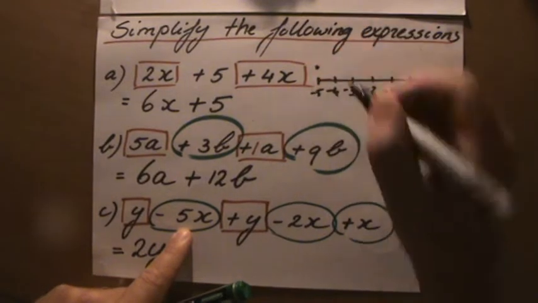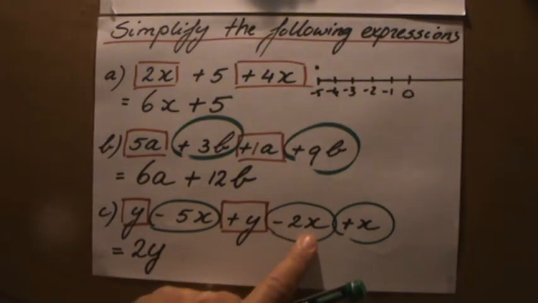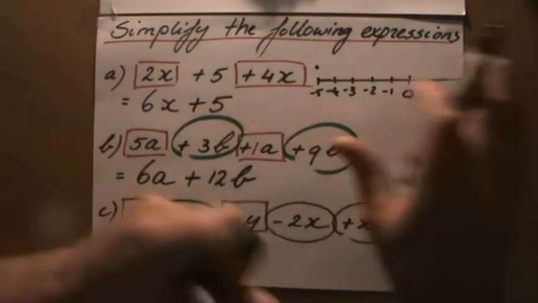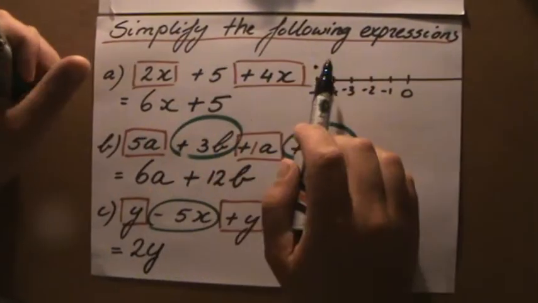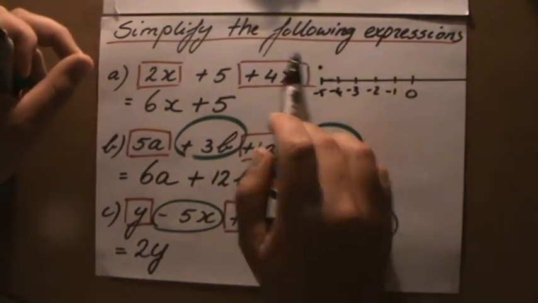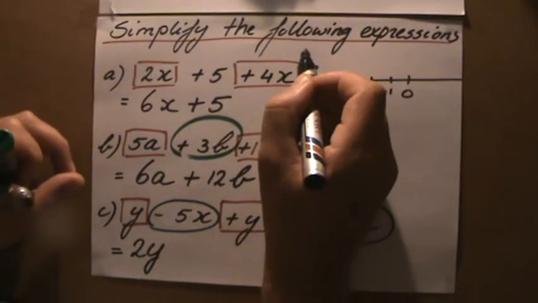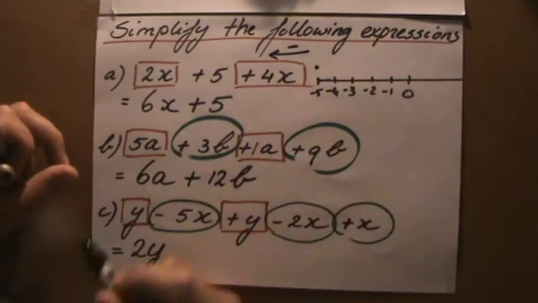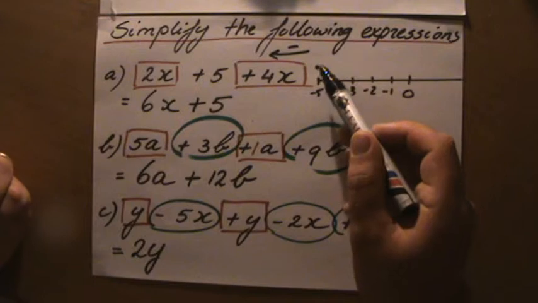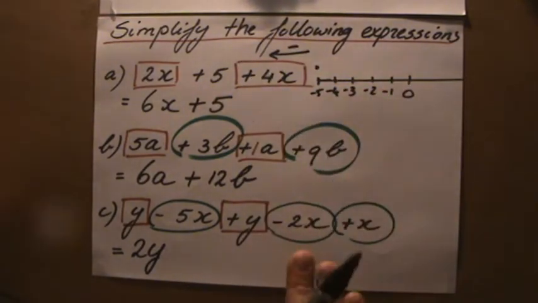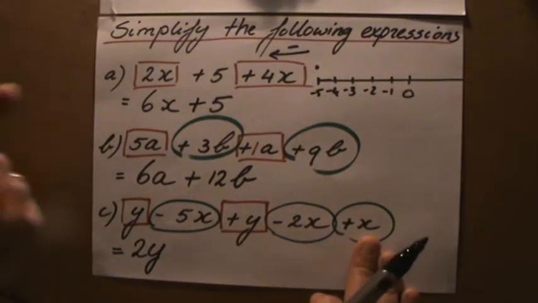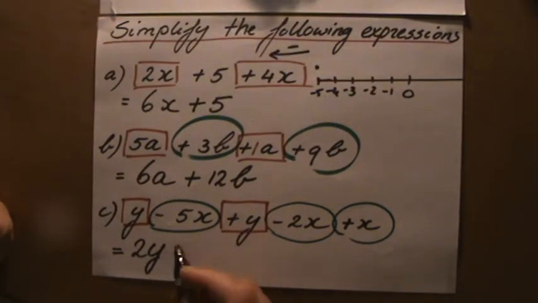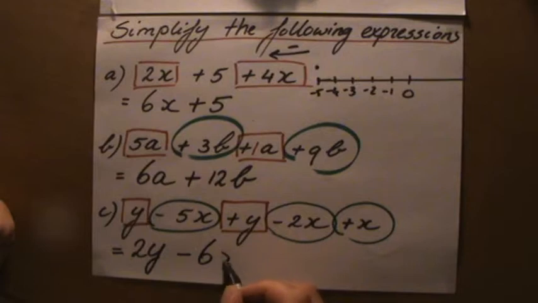That's where I am. And if I take away another 2, which direction on my number line am I going? Am I going to the right or am I going to the left when I'm subtracting? When I'm subtracting, indeed, I go that way. So minus 5, minus 6, minus 7x, plus x, so another step that way. So it's going to be minus 6x.